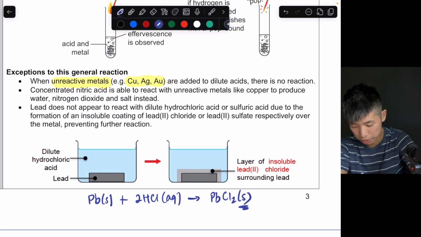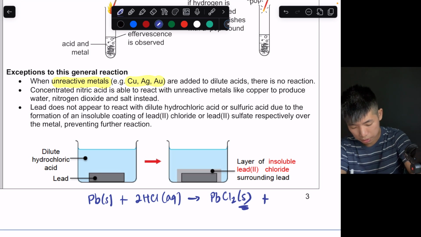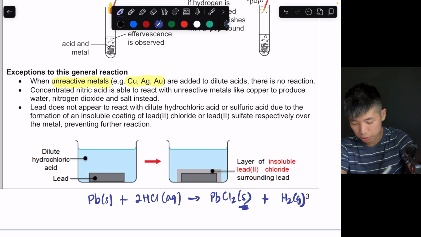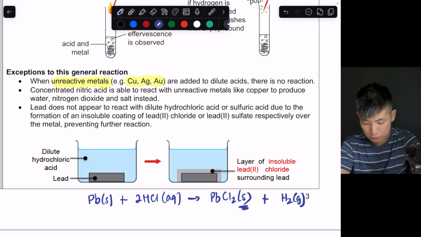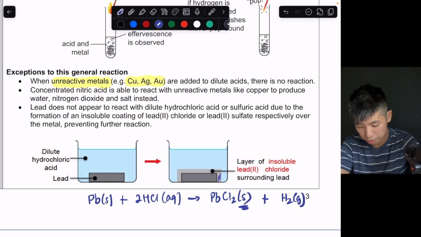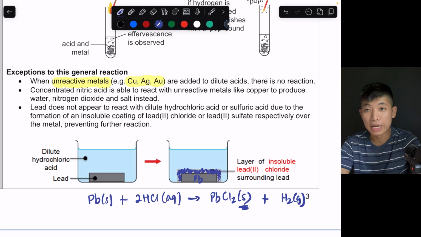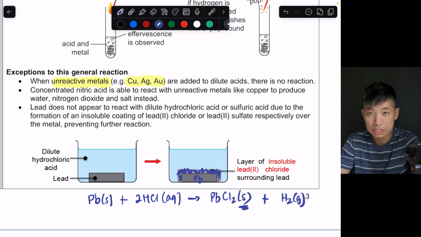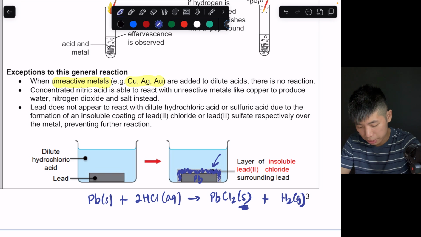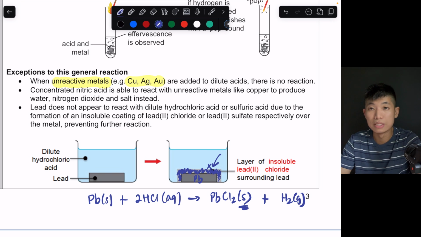So the salt here is actually a solid, and you get hydrogen. Because it's a solid, it will form a layer of solid around the starting material. This gives it a coating, which is an insoluble coating, preventing the acid from coming into contact with the lead beneath it. So the reaction actually stops even before it is completed.